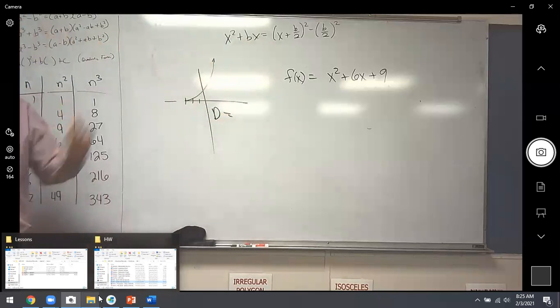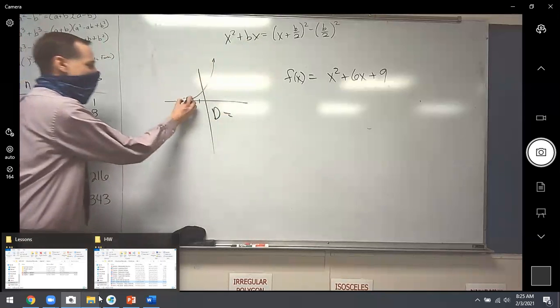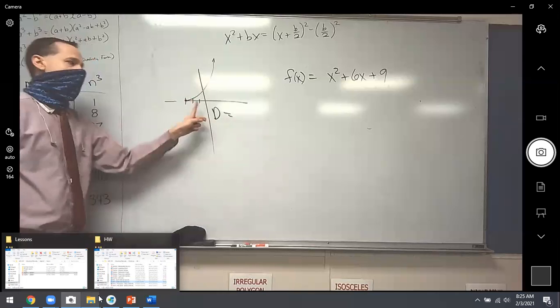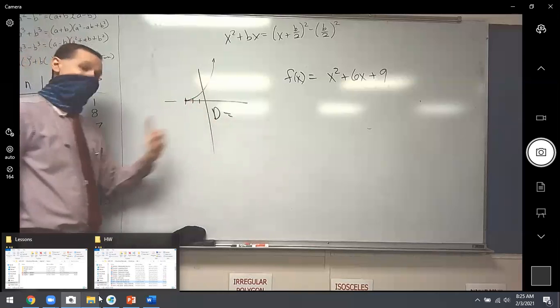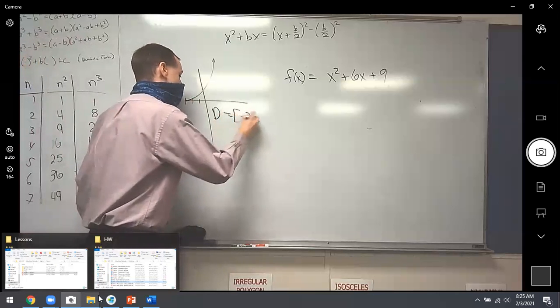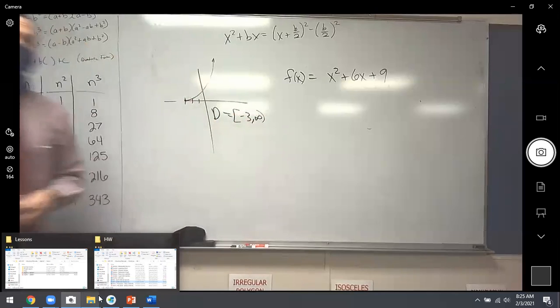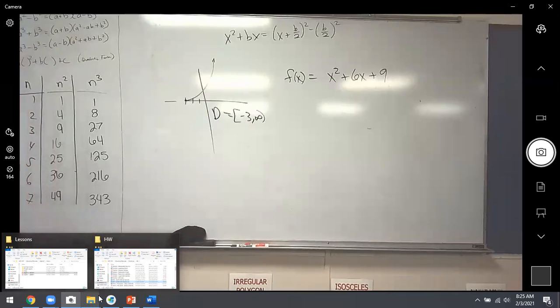I have to restrict the domain and make it smaller so that this thing works out. It'd be everything from this number on. This number turns out to be -3. So it can actually exist at -3 to infinity. So they might ask you what the restricted domain is or something like that, and really just visually draw it and erase part of it and tell me where it doesn't get erased.